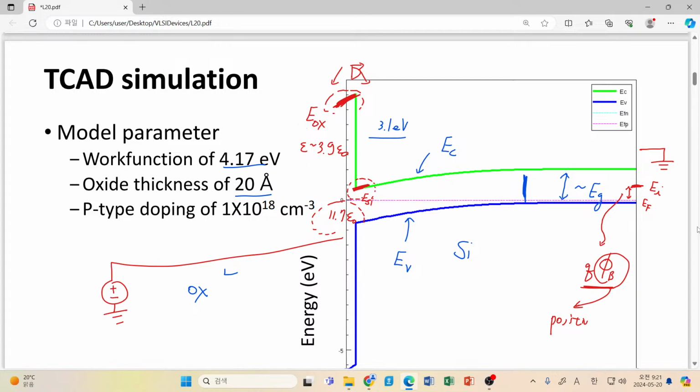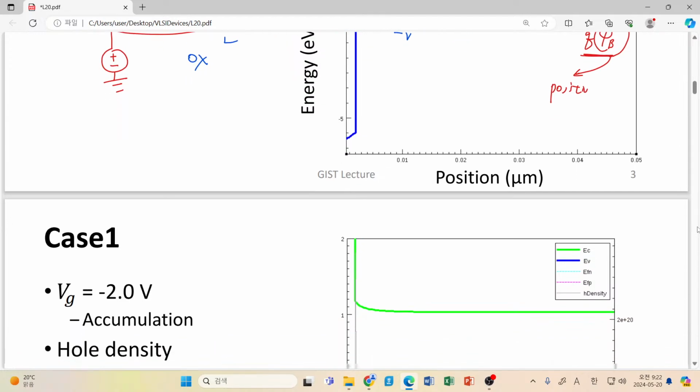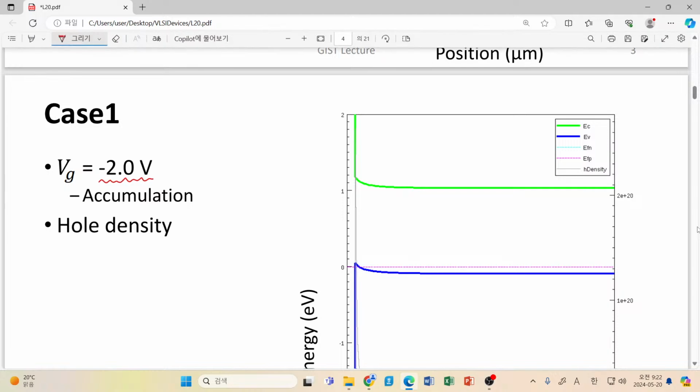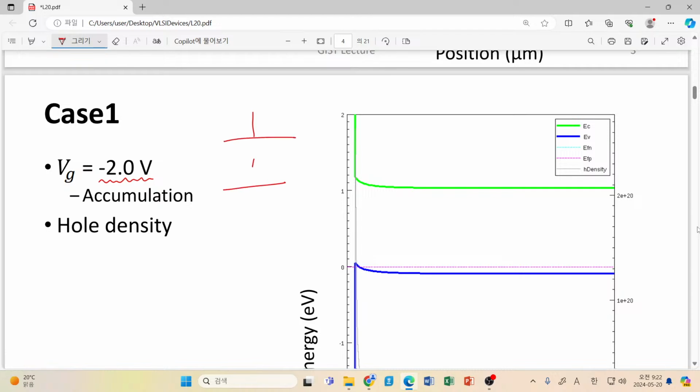We have 4 different gate voltages from -1 to +1, and let's have a look. So case 1 is corresponding to far below 0 volt. So in this case, please think about this one. There is a certain system called MOS, and one part is grounded, and you just apply quite strong negative voltage, -2 volt, for example.